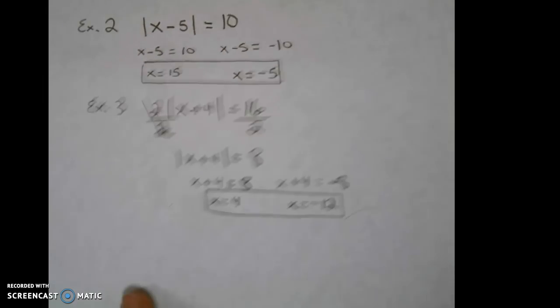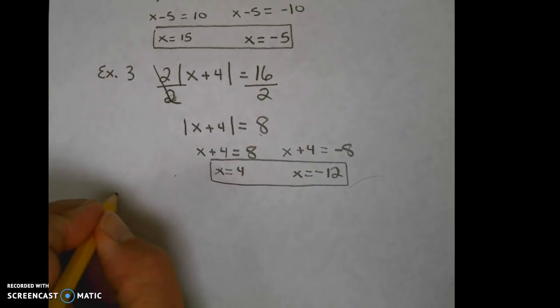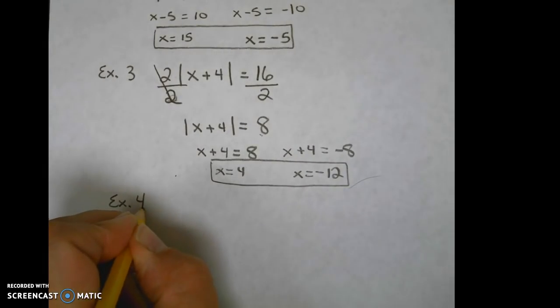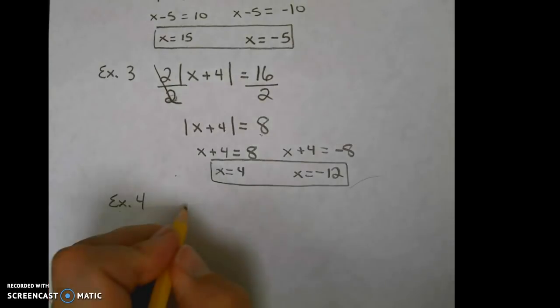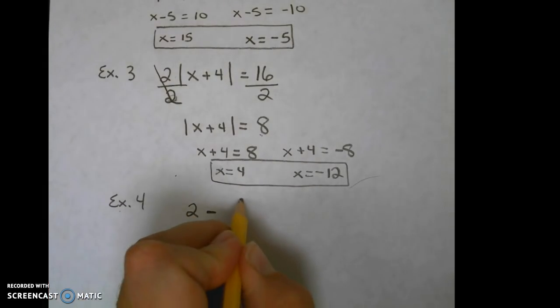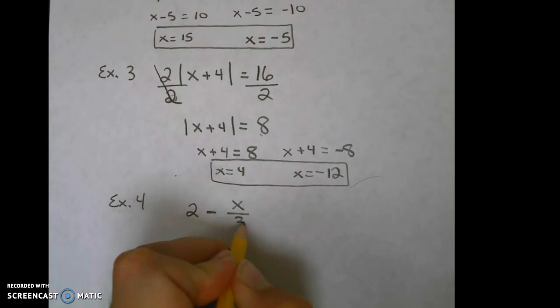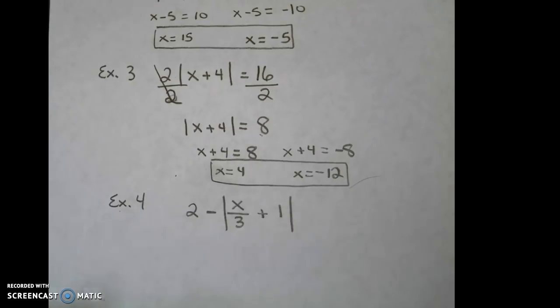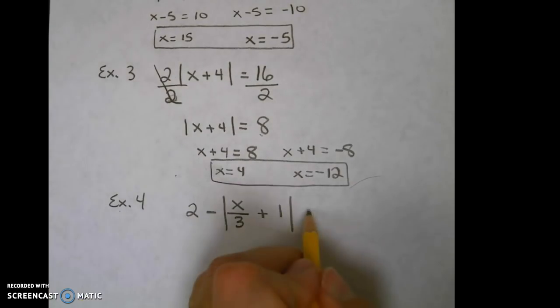Okay, now let's take a look at a little bit more complicated one. I have no idea how this is going to turn out, but we're going to try anyway.